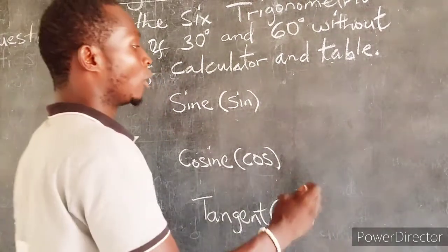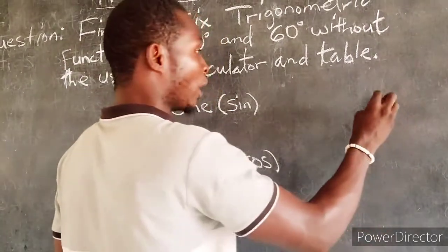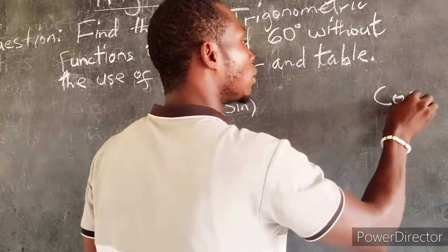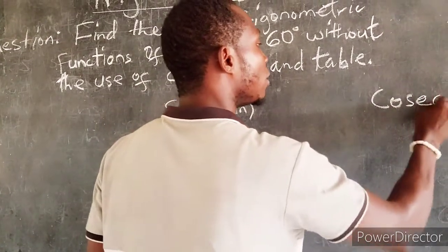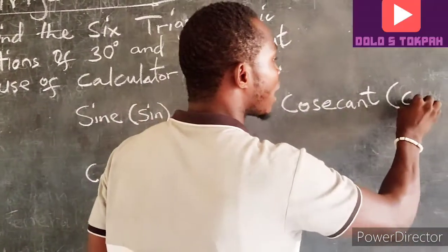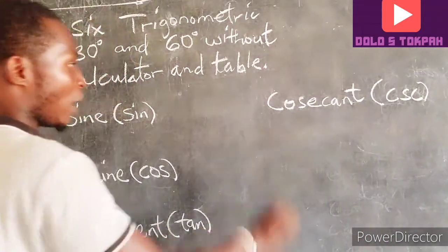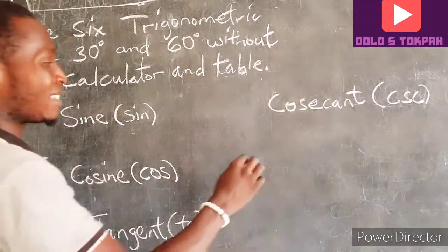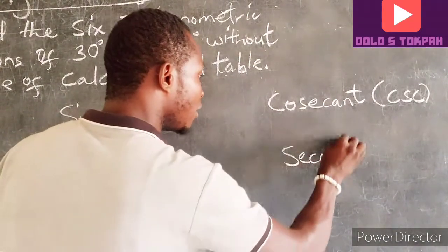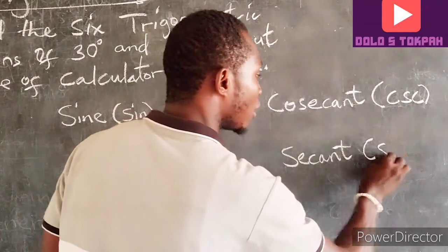Then fourth, we leave a space here for our solution. So fourth, we have cosecant, C-O-S-E-C-A-N-T, abbreviated cosec, C-S-C. Fifth, we have secant, S-E-C-A-N-T, and the abbreviation is sec.